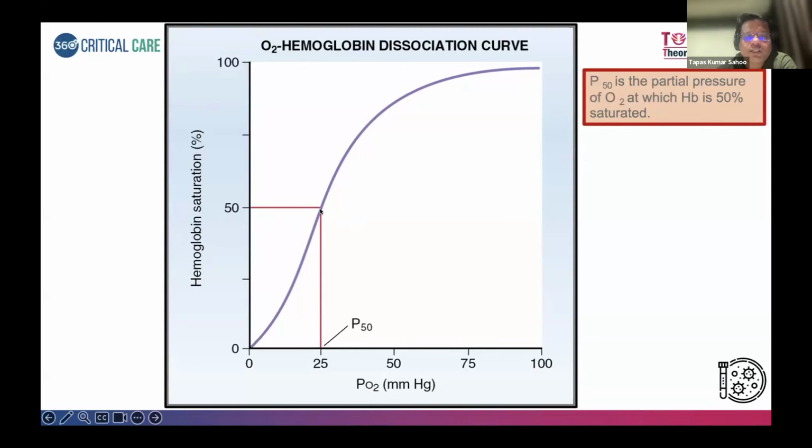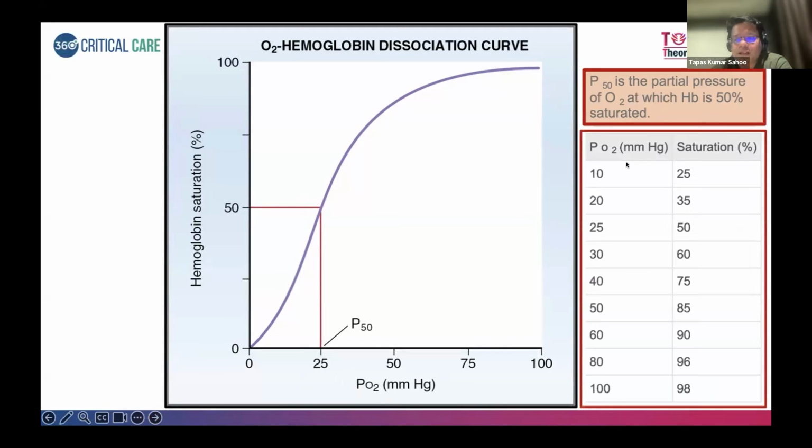It joins the sigmoidal curve at around 25 millimeters of mercury. So it would be 25 or 27 millimeters of mercury. So PO2 is around 25 millimeters of mercury. At this point, your hemoglobin oxygen saturation is 50%.